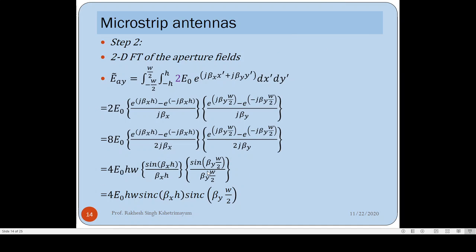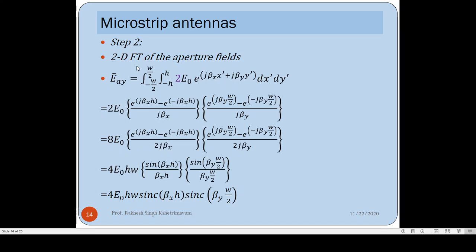If you want to find the far field radiation pattern of this microstrip antenna, I need to know the 2D Fourier transform of this aperture field. What is the aperture field? It's 2 E naught from minus h to plus h, minus w by 2 to plus w by 2. You integrate it after multiplying with exponential j beta x x dash plus j beta y y dash, integrated over dx dash and dy dash.